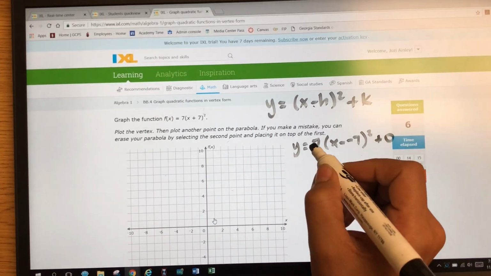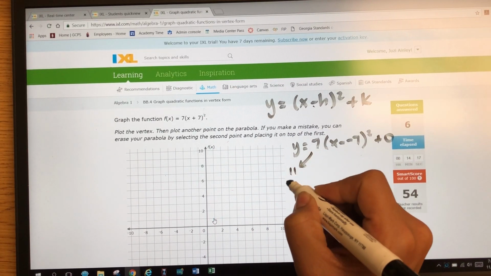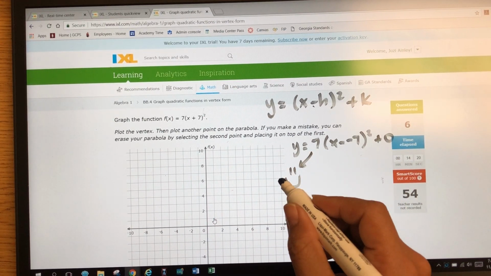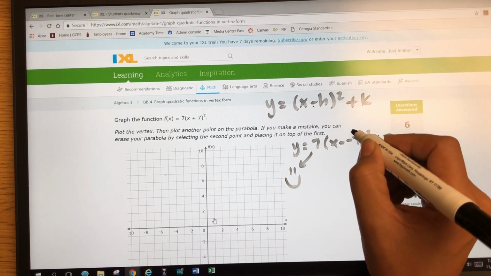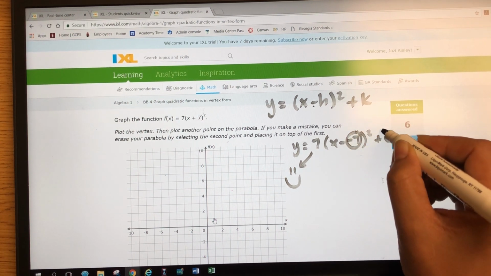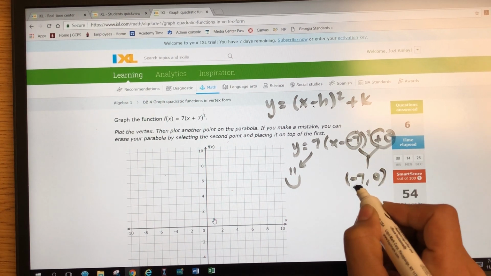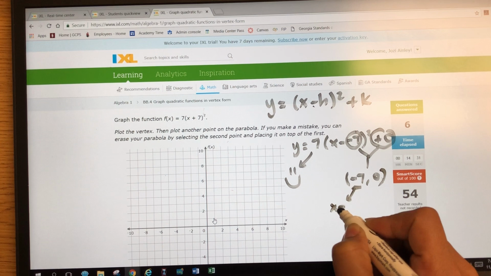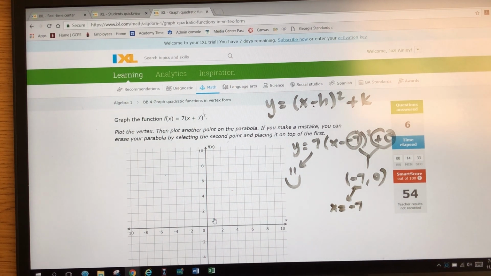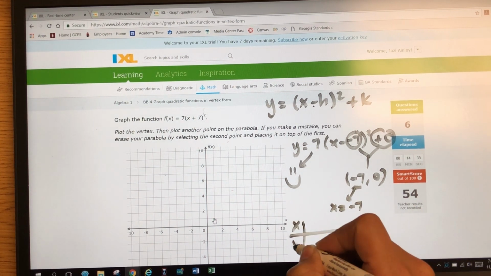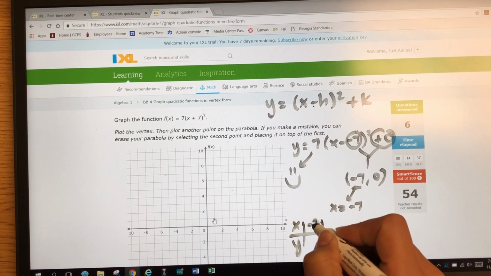So vertex form, look at that first number. Positive, good. Happy, so it's upward sloping. Then these numbers right here after the minus is my vertex. So my vertex is -7, 0. Then this first number is my axis of symmetry, x equals -7, and then you draw a table. So you already have -7 and 0.